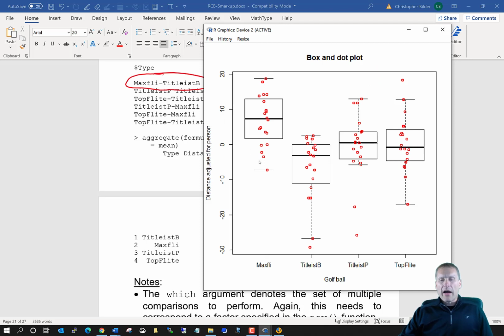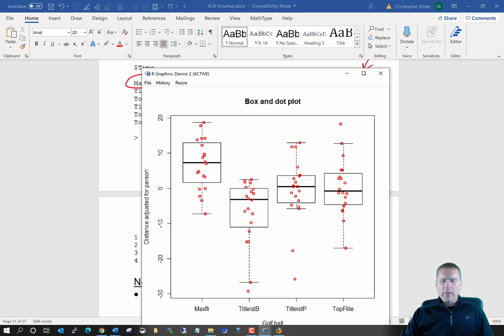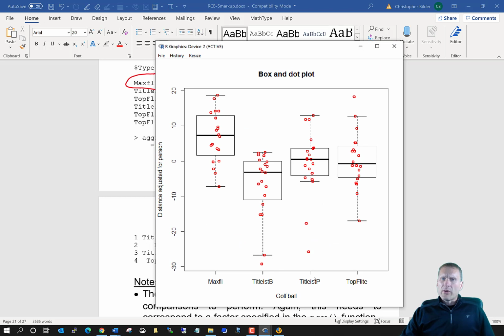Remember how high max fly was in comparison to Titleist B. That's why we came up with this. And then notice Titleist P and max fly. That was a p-value close to 0.05, so there's marginal evidence there of a difference.